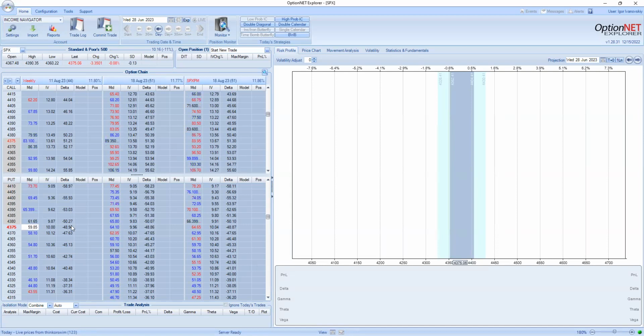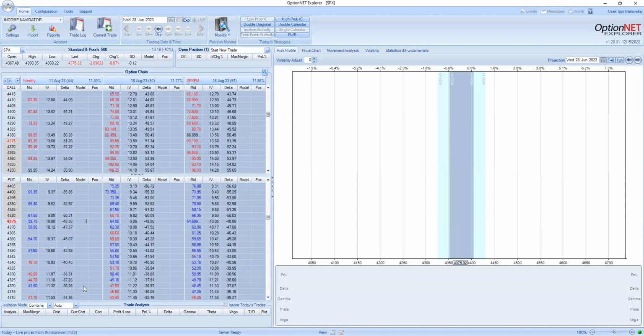So my thinking is that if 43.75 is trading for about $60, let's see what a 50-point wide put debit spread, 60 points out of the money, would look like. I'm going to go out from 43.75 down 60 points, which would be 43.15.